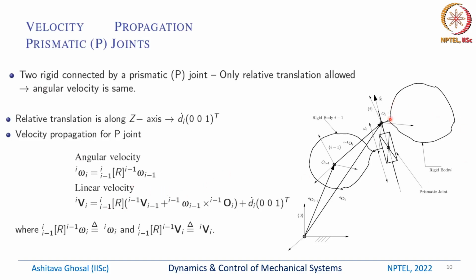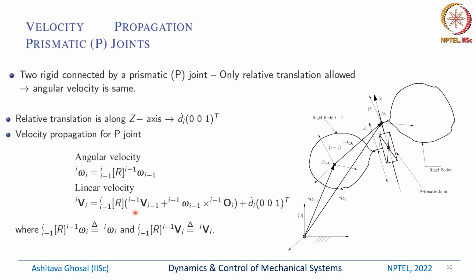Likewise, the linear velocity of the ith rigid body can be written in terms of the linear velocity of the I minus 1 rigid body. So what will it be? This velocity vector will be equal to the velocity of the I minus 1 plus some omega cross r, but now we have a translation along the z-axis because the second rigid body can translate with respect to the first rigid body along this direction, along this k, which is chosen as z, which is 0, 0, 1 for this example.